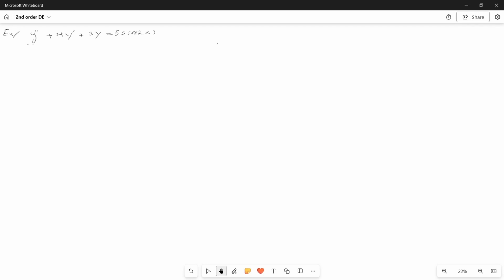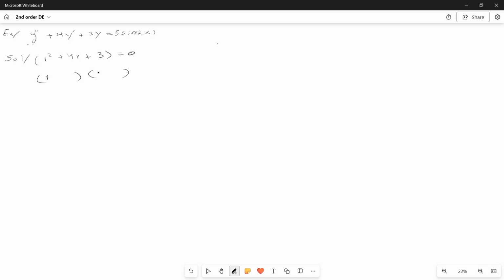So now we have this example. We have y double dash plus 4y dash plus 3y is equal to 5 sine 2x. Our first step is to find the second degree equation. So we have r squared plus 4r plus 3 is equal to 0. We'll use the brackets method as it's easier than the quadratic formula.